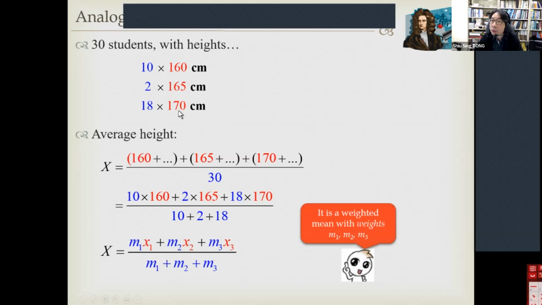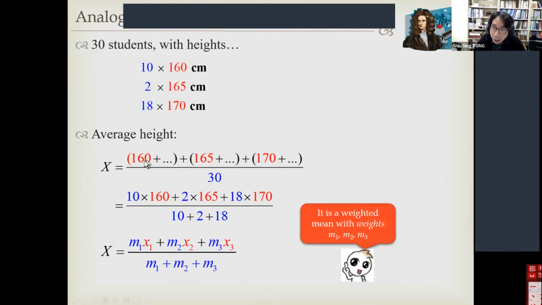Okay, so when you want to calculate the average height, you may simply add up all the heights, which consists of 10 of 160, 2 of 165, and 18 of 170, and you divide by the total number of students, right? Now, we can also do it in another way.